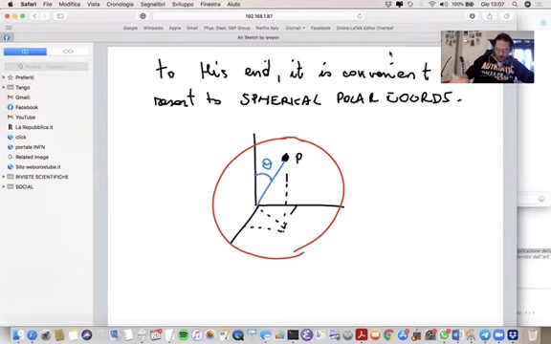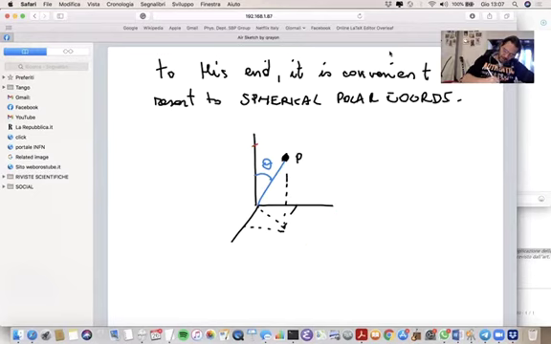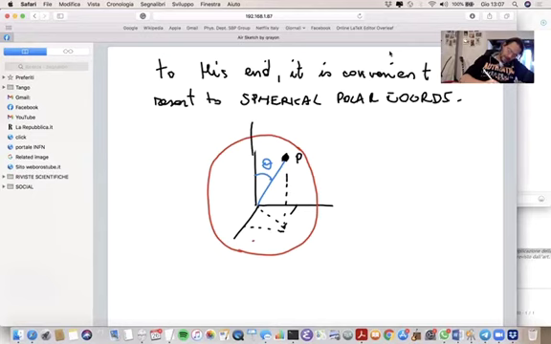This will be X and Y, and my drawing is admittedly very bad.